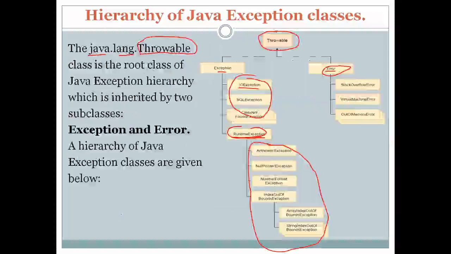Now in the hierarchy you can see errors are StackOverflow, VirtualMachine, OutOfMemory, or there are many other errors. These are irrecoverable, meaning if one occurs, the program is sure to terminate. But in case of exceptions, we can handle the exceptions and the program may continue its execution.